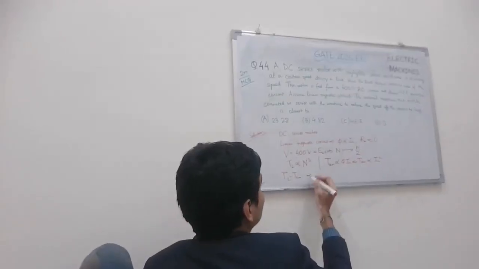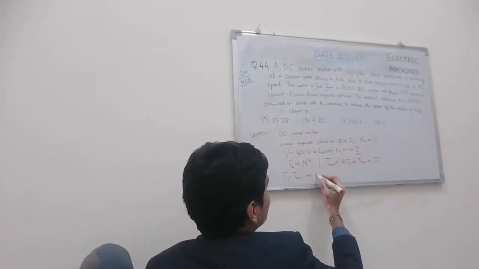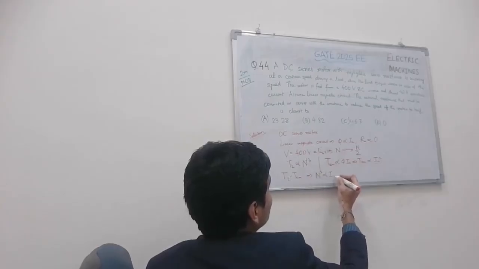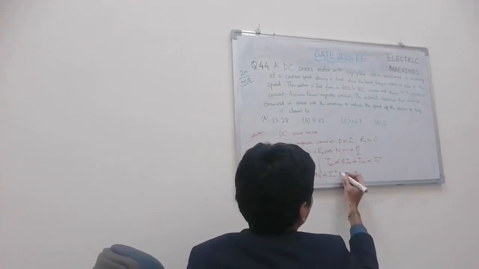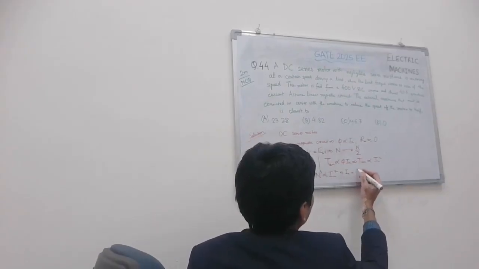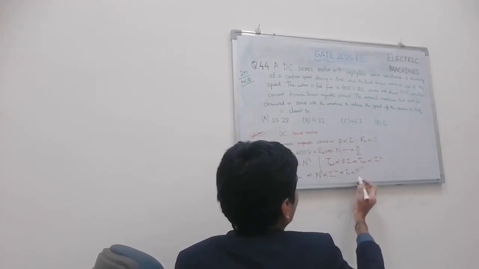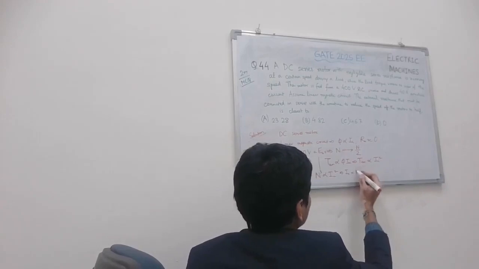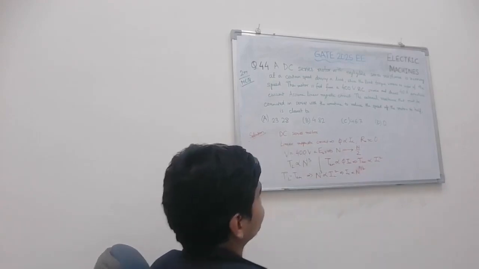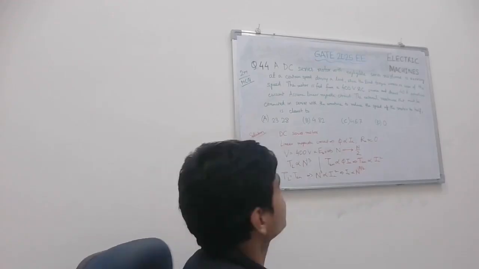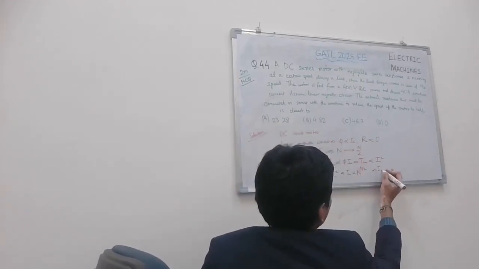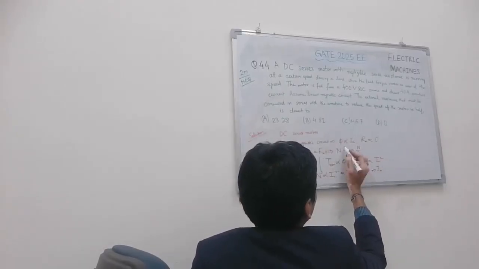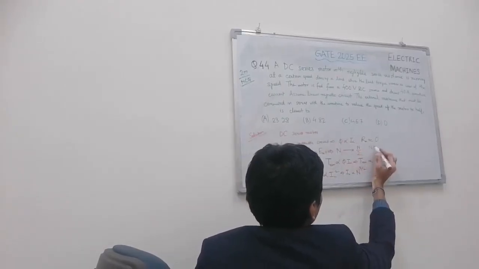If we equate these two conditions, we get that speed cube should be proportional to IA square, or in other words, IA should be proportional to n to the power 3 by 2, or 1.5. To reduce the speed to half, n prime equal to n by 2.